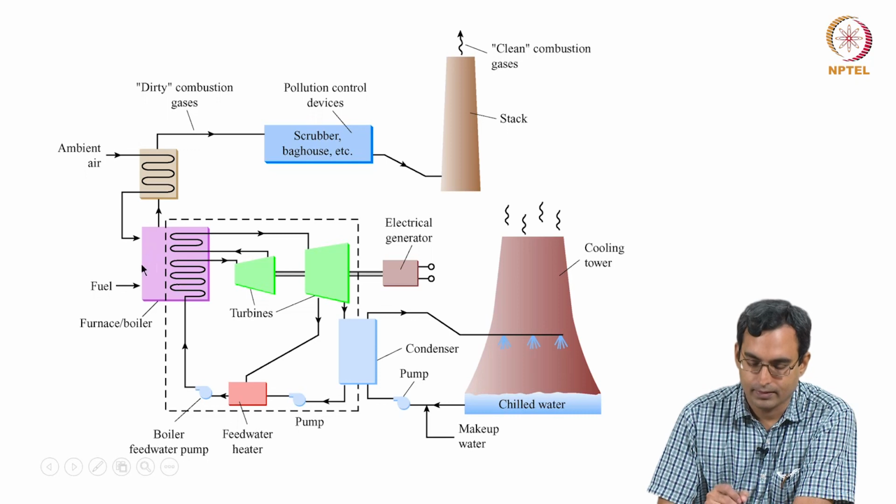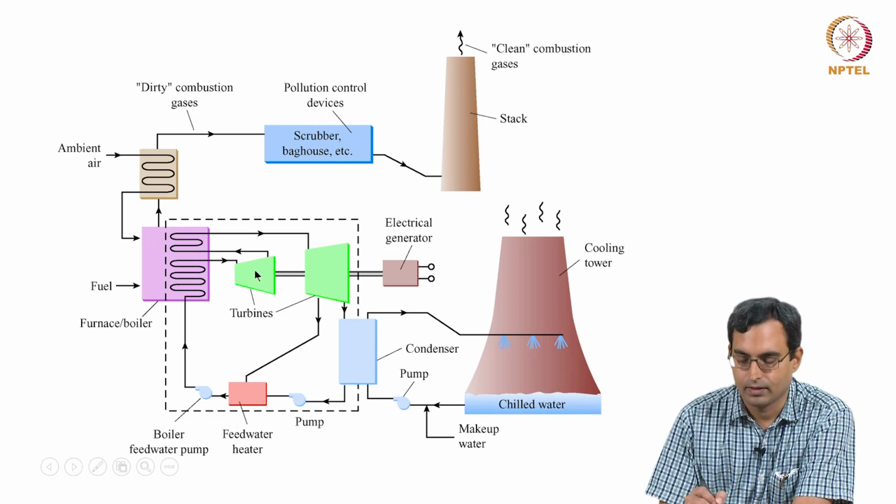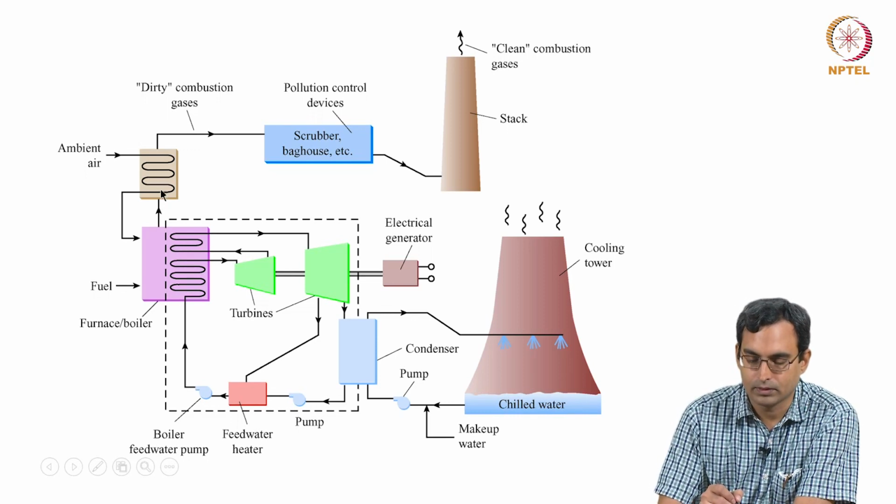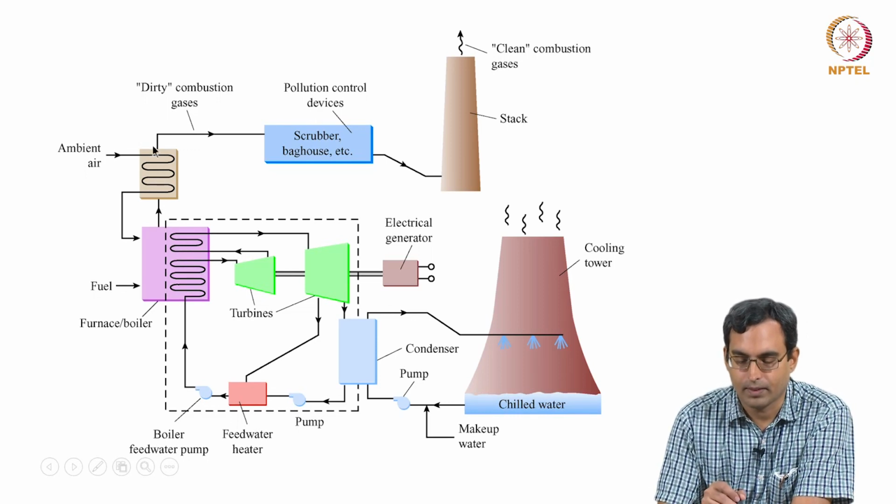These hot gases, after transferring heat to the liquid which is flowing through these pipes, are sent out. They are sometimes used to preheat the ambient air which is coming in, and then they are sent out.